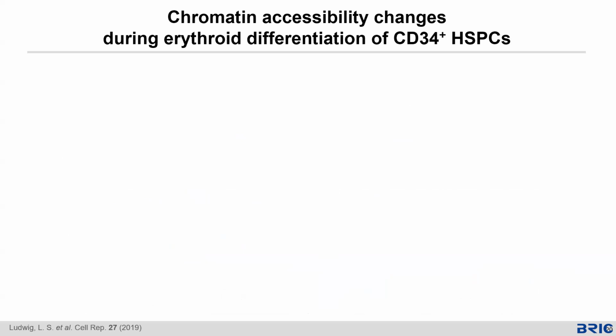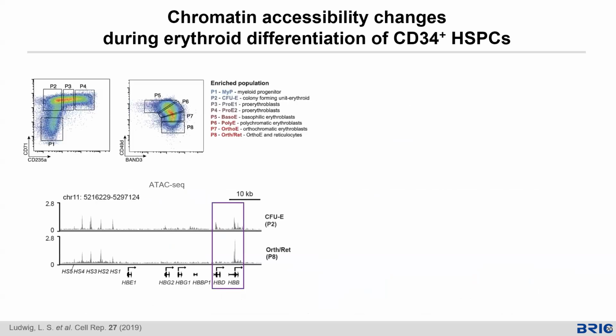Next, I wanted to see if I could use Tdaxic on primary cells as well. The system that I tested was chromatin accessibility changes during erythroid differentiation of CD34 HSPCs. During erythroid differentiation, we know that cells pass through different phases, and during the process, the HBB promoter becomes more open and the HBD promoter becomes more closed.